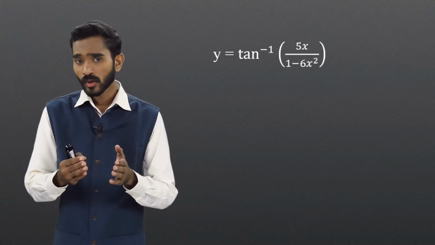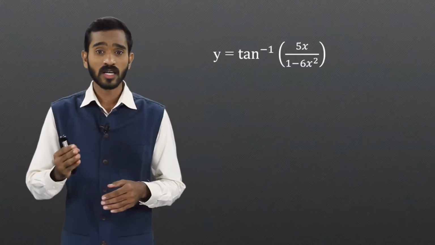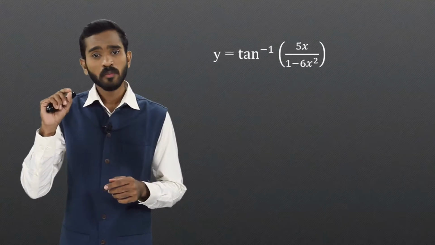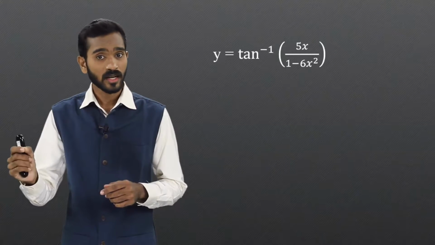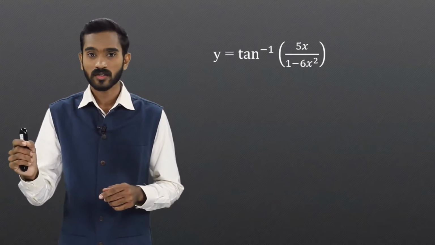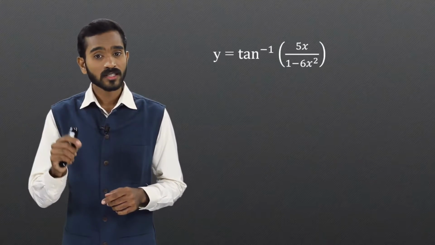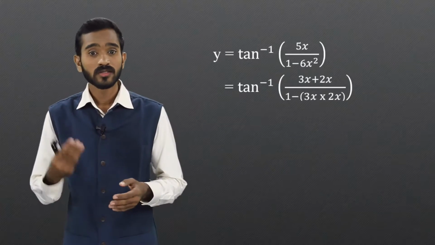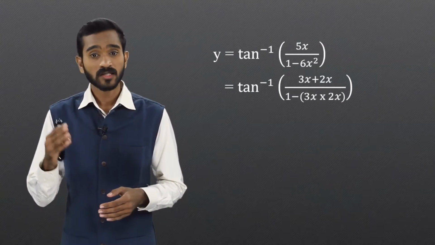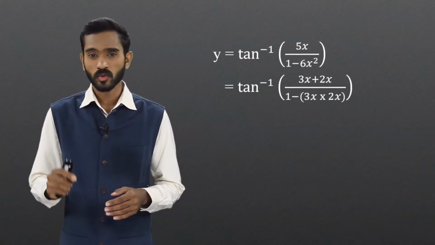Now the answer. Here y is equal to tan inverse of 5x divided by 1 minus 6x square. Here 5x can be written as 3x plus 2x. Also 6x square can be written as 3x into 2x. Thus we get y is equal to tan inverse of 3x plus 2x divided by 1 minus 3x into 2x.